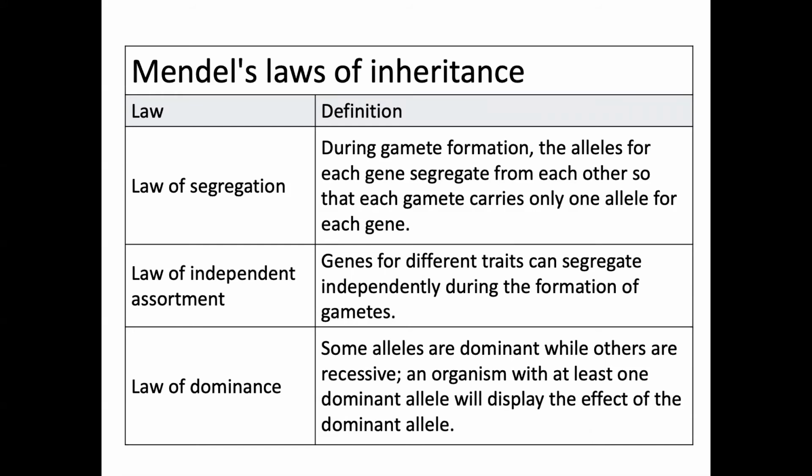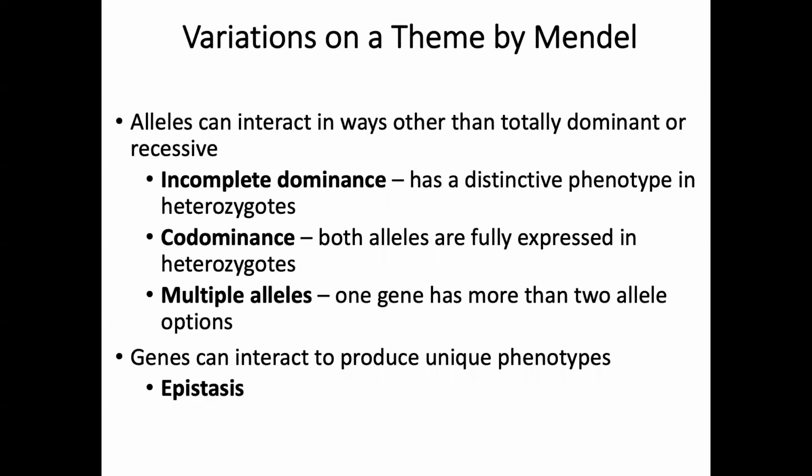However, in higher eukaryotic organisms, this is not always true. Let's take a look at several exceptions. We will discuss several scenarios in which alleles can interact in ways other than totally dominant or totally recessive.